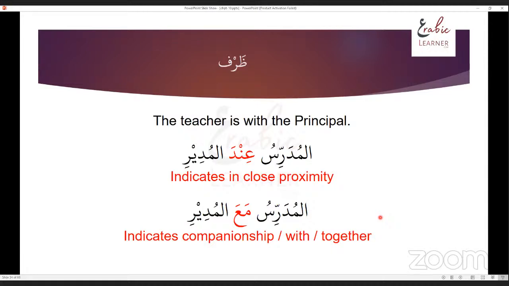So this is the difference. If I was saying just in English, I would say the teacher is with the principal, but again there is a difference in the meaning. Okay, you have to understand this difference, because both these types of sentences are coming in this lesson. I hope it is clear, brothers and sisters.